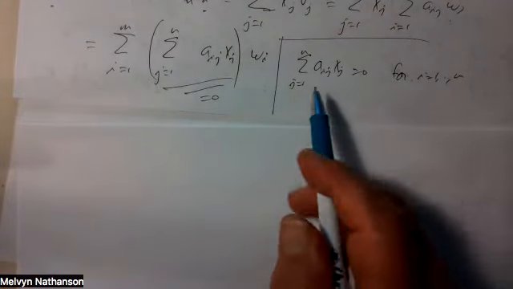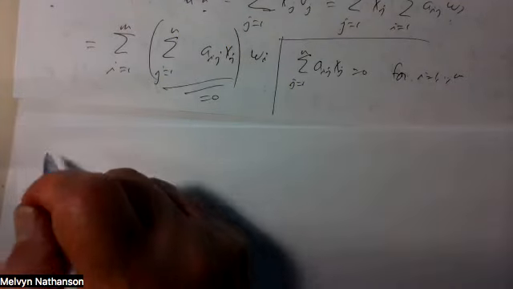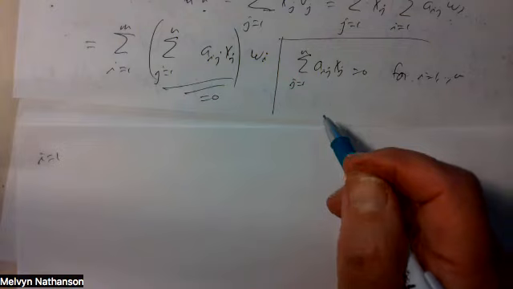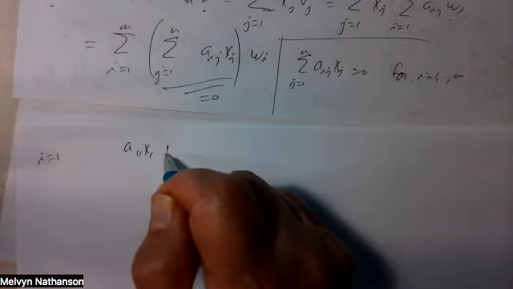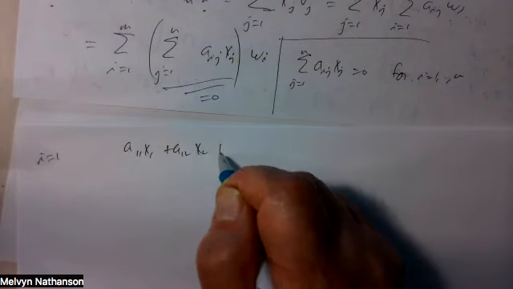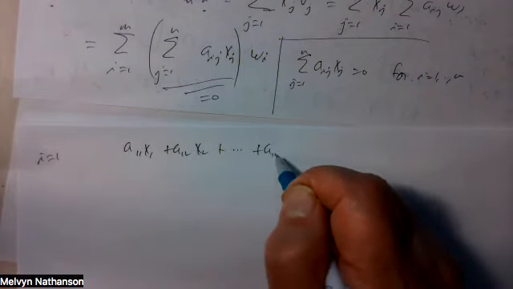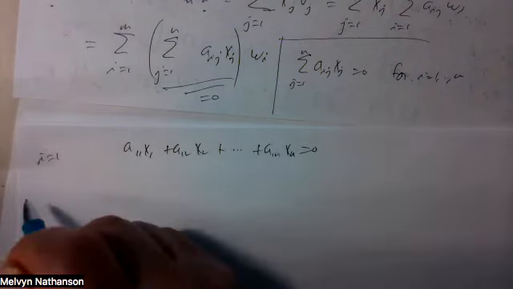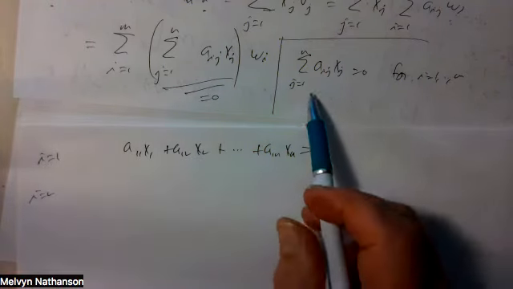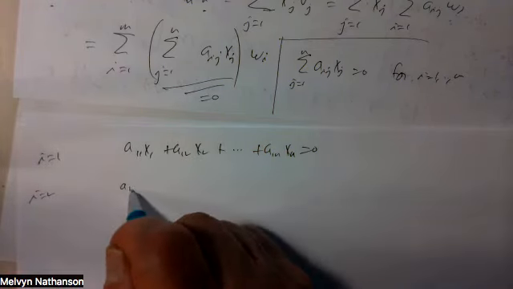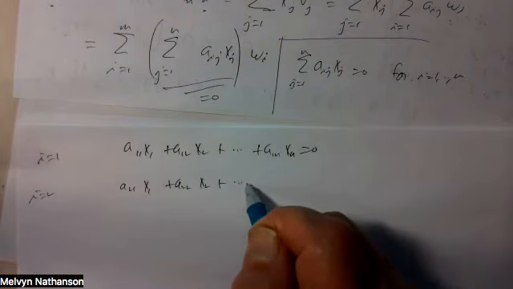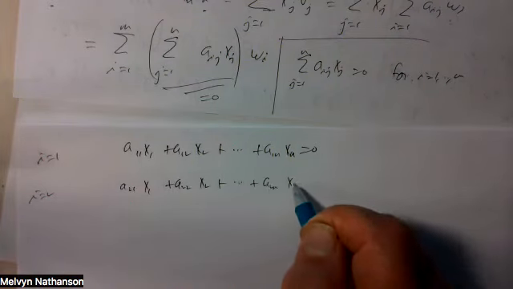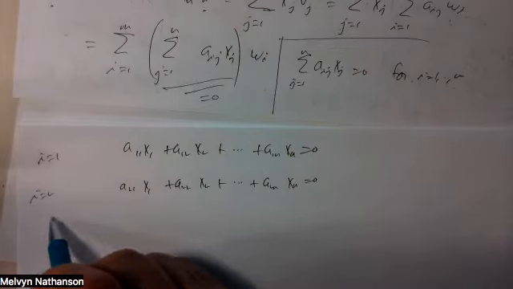So let me just write out what this says. For example, when i is equal to 1, this is the equation a11 x1 plus a12 x2 up to a1n xn equals 0. When i equals 2, this equation says a21 x1 plus a22 x2 up to a2n xn equals 0.